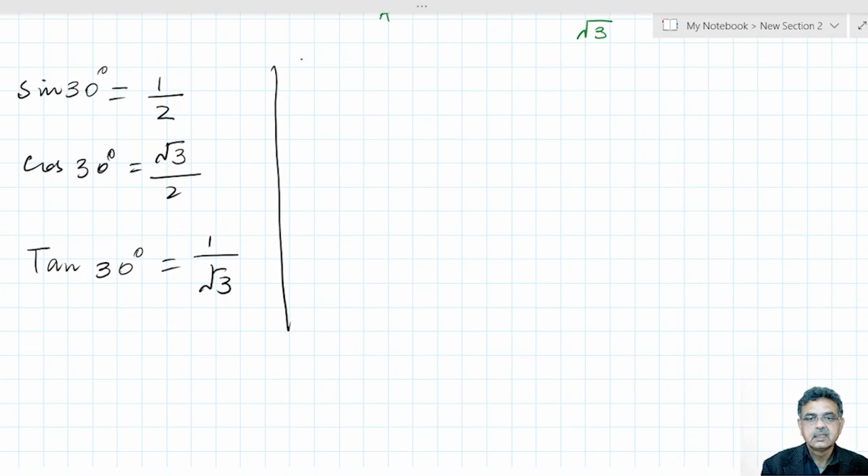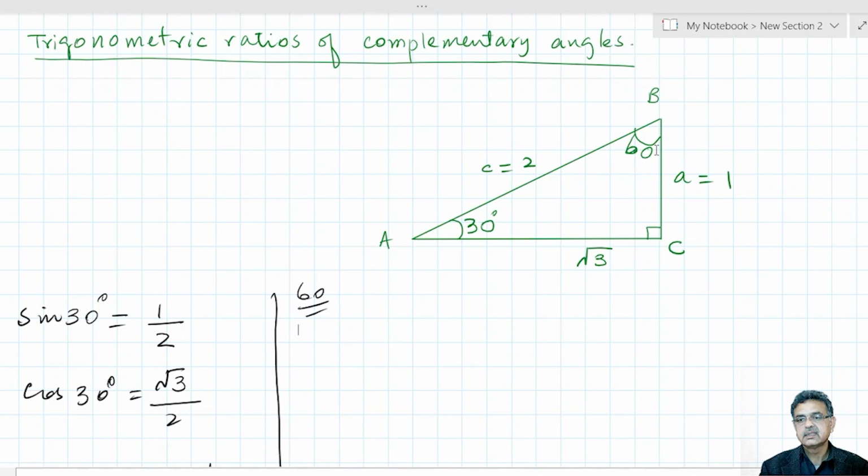On the other side, if we write the ratios of 60 degrees, now the reference angle is 60. This time, when 60 is the angle, 1 is its adjacent and under root 3 is opposite. In case of 30, it was opposite and this was adjacent. So the names of these sides depend on which angle we are considering.